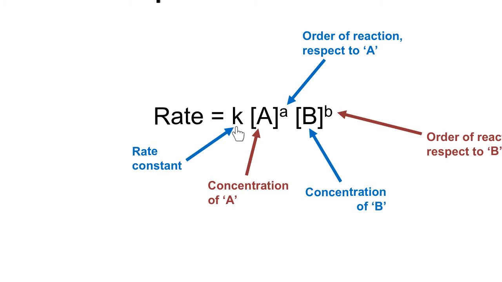We're going to be looking at mainly how the temperature affects the rate constant in the Arrhenius equation. The Arrhenius equation tells you how the rate constant, and of course the rate, because if you affect the rate constant, that's going to affect the rate of the reaction, is affected by changing the temperature.